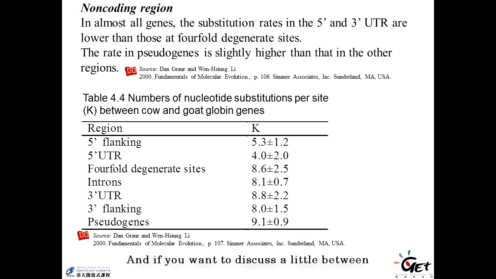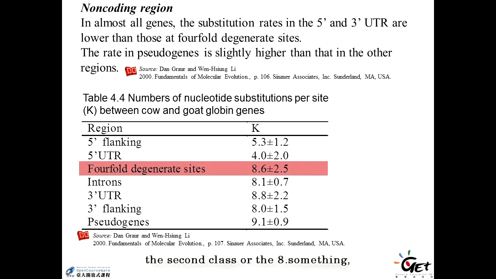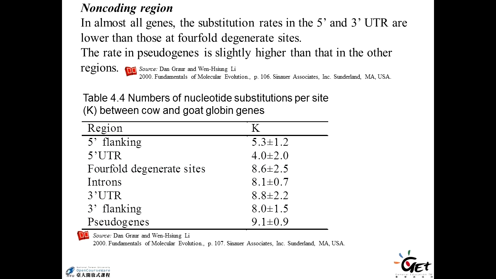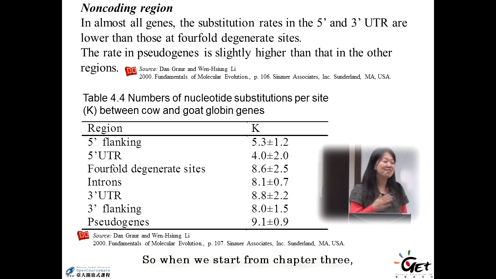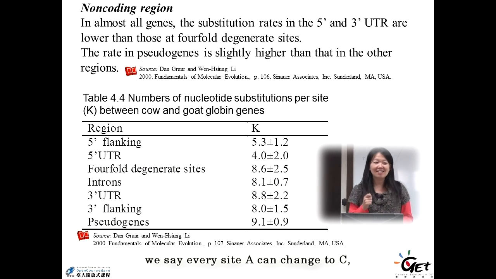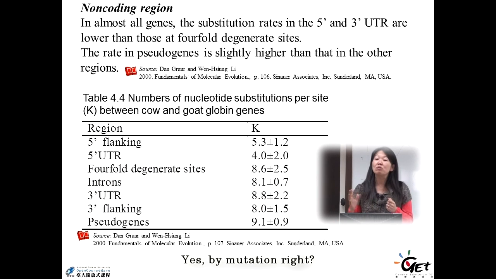And if you compare the second class to the pseudogene, that reflects what I said: the sequence at these positions is still important in terms of gene function. So not every single site can freely evolve to all the others. When we started from chapter 3, we said every site A can change to C, G, and T. Yes, that's by mutation, right?